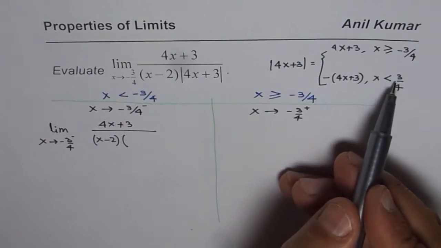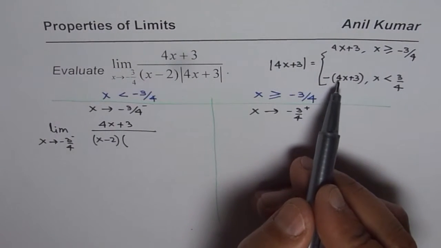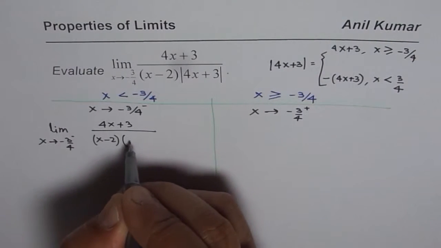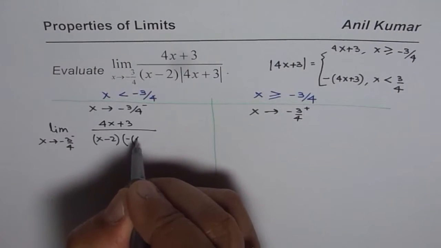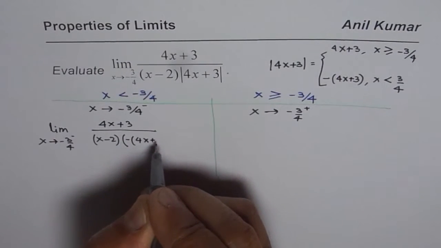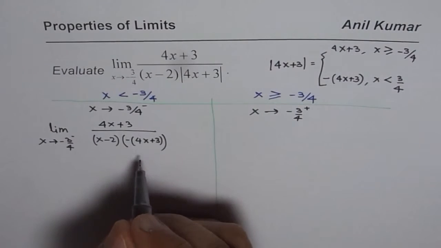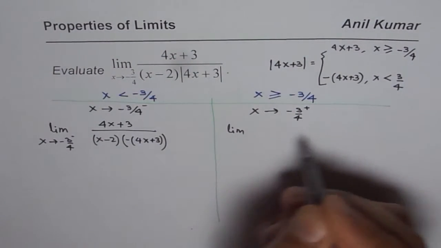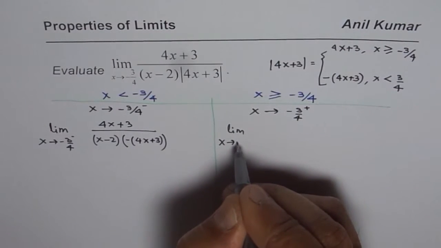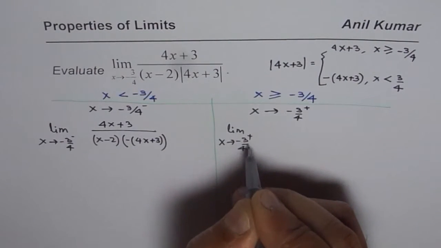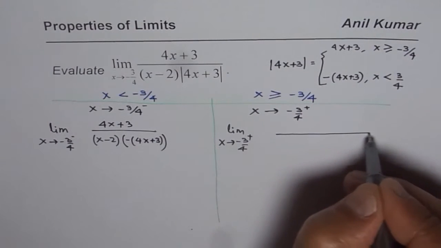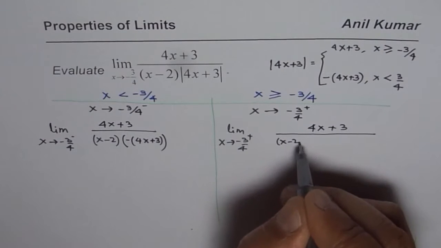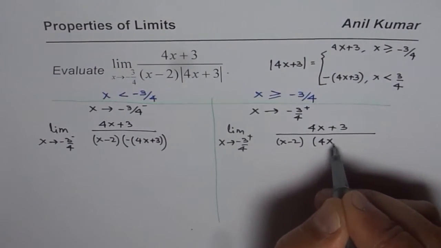If you are approaching from the left side, this expression will be the negative of 4x plus 3. The same expression, if you are approaching from the right side, that is x approaching minus 3 over 4 from the right side, can be written as 4x plus 3 divided by x minus 2 times 4x plus 3, the positive value.